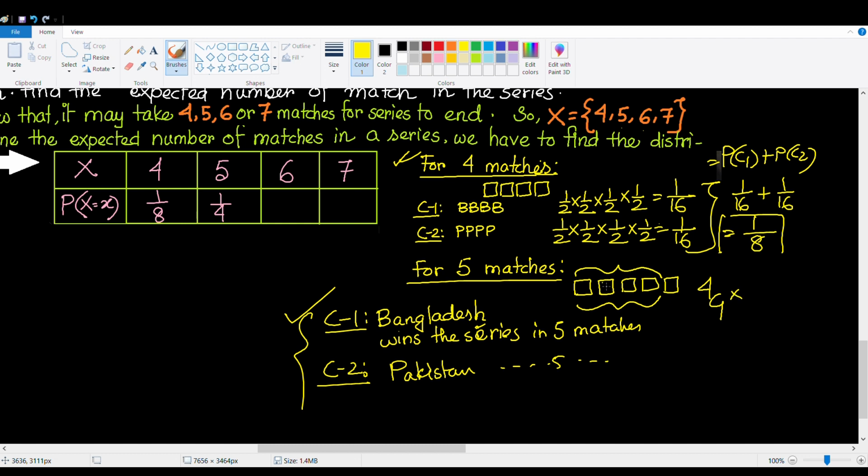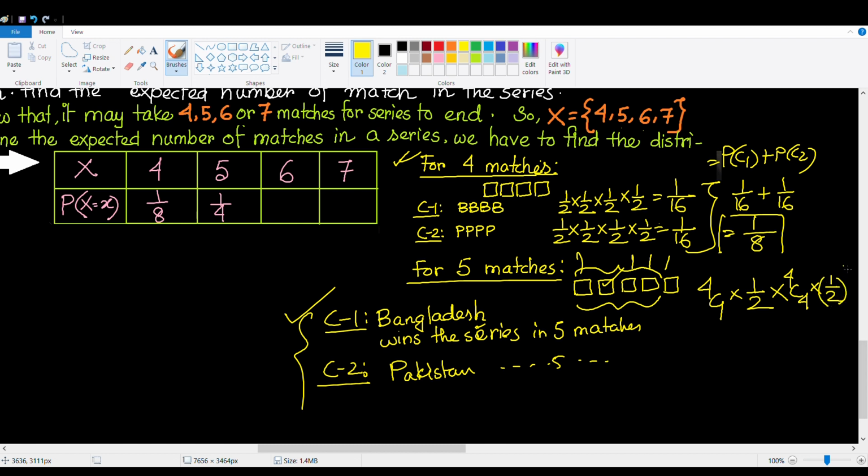Therefore, say we have chosen this box and we are going to put P here. So the probability of putting a P in this box would be half, right? Now we are left with 4 boxes, 1, 2, 3, and 4. And all 4 of these are to be occupied by B. Therefore, we are going to choose all 4 of the free boxes for Bangladesh. So for each of the boxes, the probability for Bangladesh to win would be half.